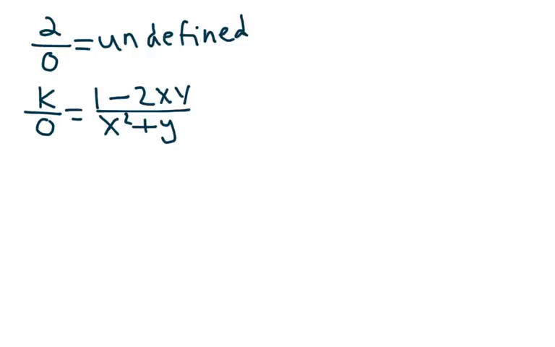So now we've got an equation started. Now we're going to solve this for y. The way we would do this is, first we would multiply both sides by x squared plus y.